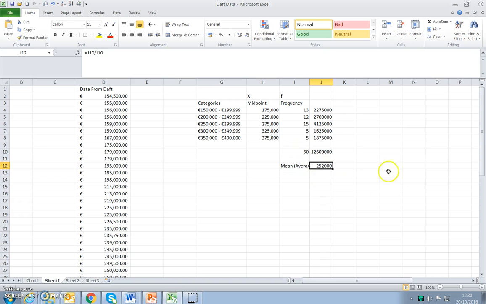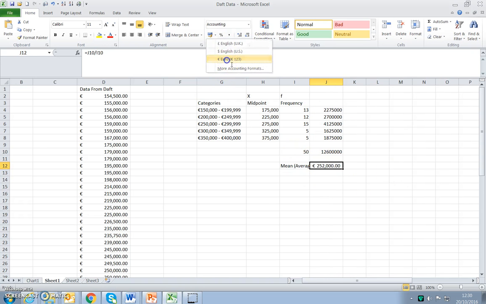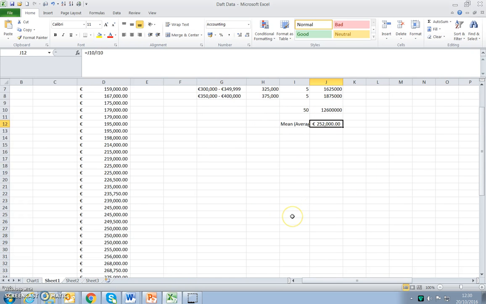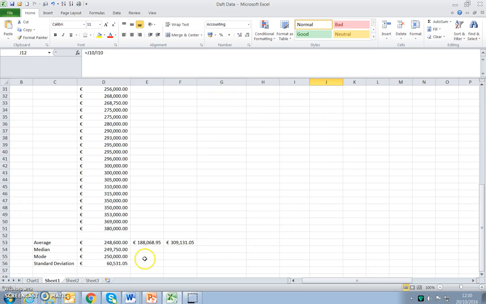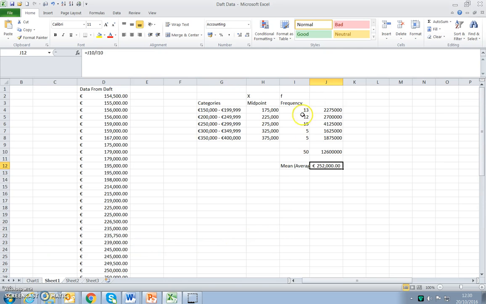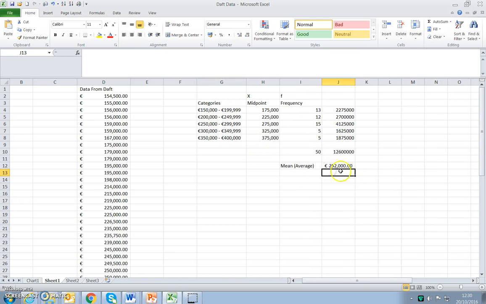Okay, so you have 252,000, we'll put that in euro. What was your average in your ungrouped? 248,600. So there's a slight difference there because you're looking at your midpoint, which is one of the elements we used to calculate our average. Our midpoint may not be exactly reflective of the spread of houses in each particular category. Okay, so you have 252,000, that's your average.